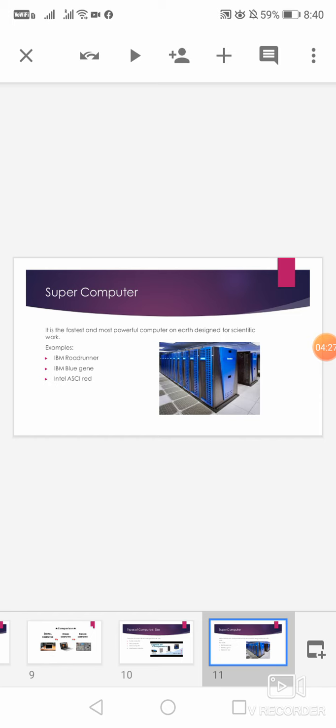This computer is mainly used in fields such as weather forecasting, like the rainfall, the sunshine, predicting all that, we use this sort of computer.